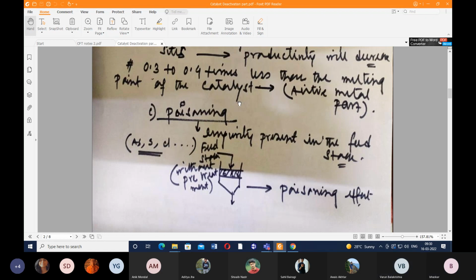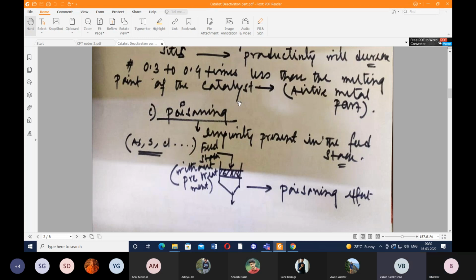Right. So poisoning, by the way, tell me, what are the different sulfur containing impurities we can have? I have already talked about these things in the class, while teaching you the thionation reaction, if you remember. Take the names of two sulfur containing compounds.